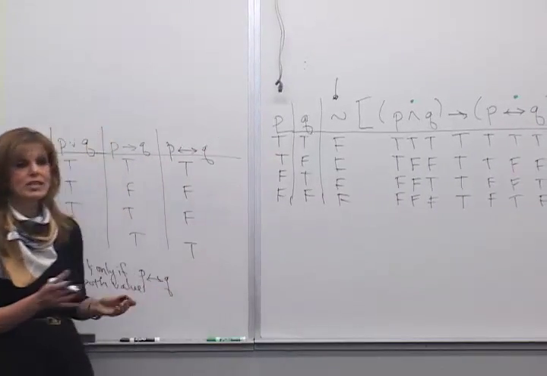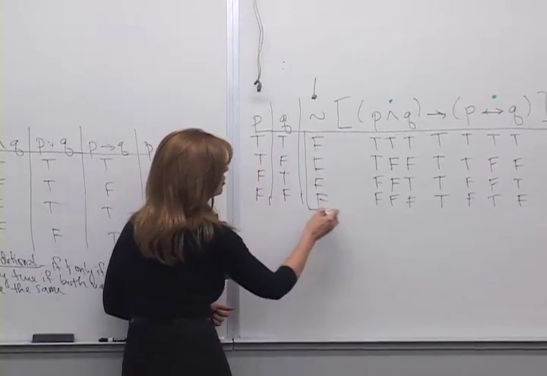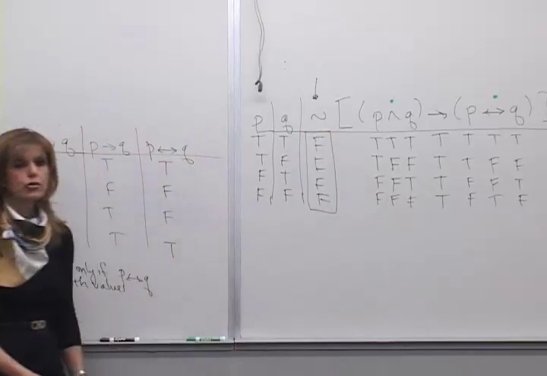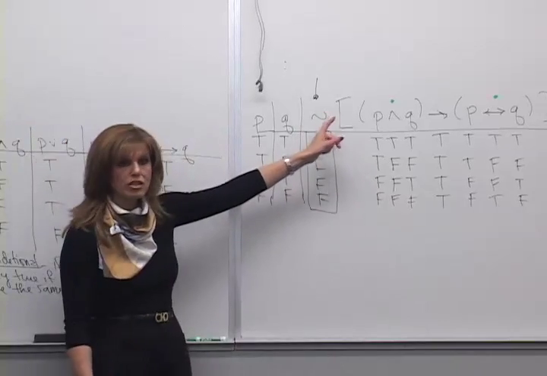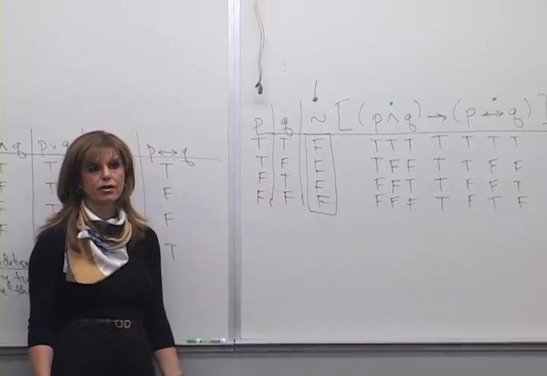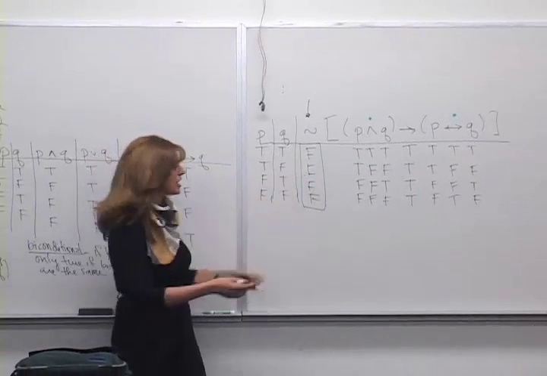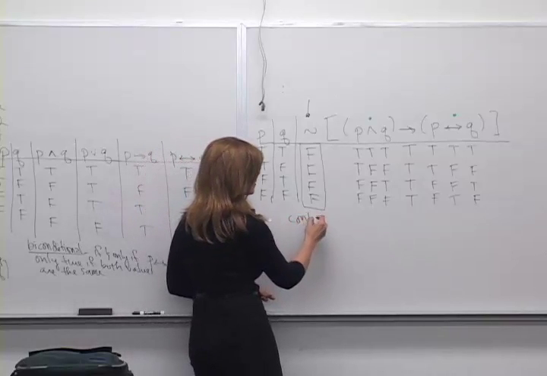So basically, by looking at this table, and then you have to box your main connector, I've told you that this proposition is always going to be false, no matter what value you plug into P. And because it's always false, it's a contradictory.